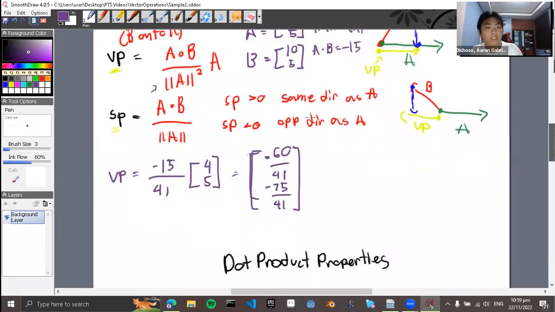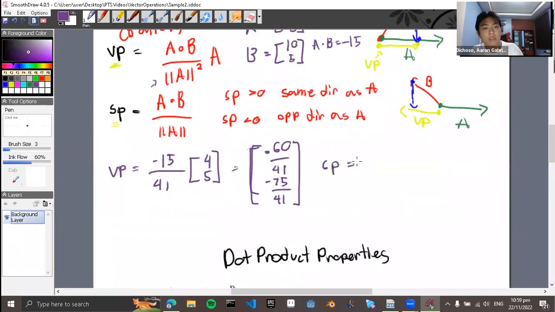Yung scalar projection naman, it would just be negative 15 over square root of 41. We can rationalize this. Gusto nyo pa? Negative 15 square root of 41 over 41.